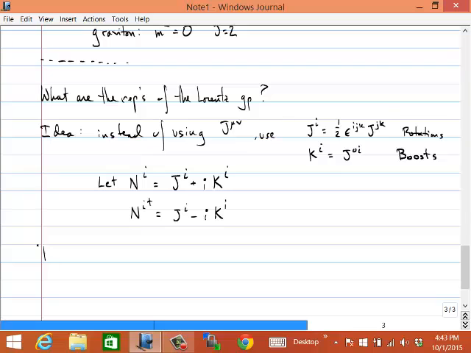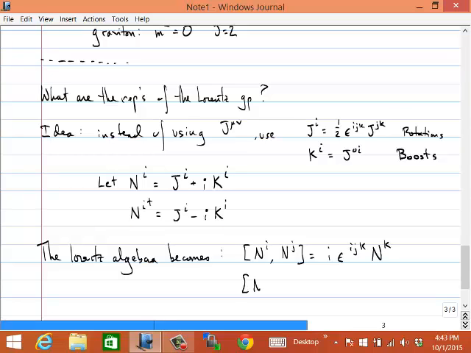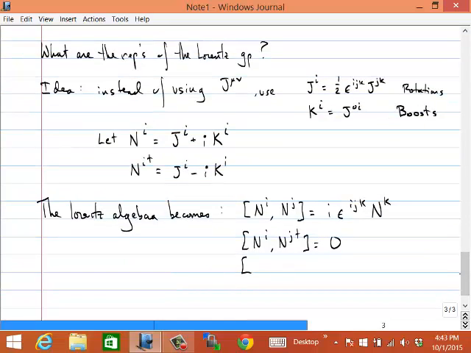And then the algebra of Lorentz transformations, that is to say, the commutation relations of the generators of Lorentz transformations, takes a very simple form when you write it in terms of these N's. In particular, it just becomes 2 copies of the SU2 rotation symmetry.